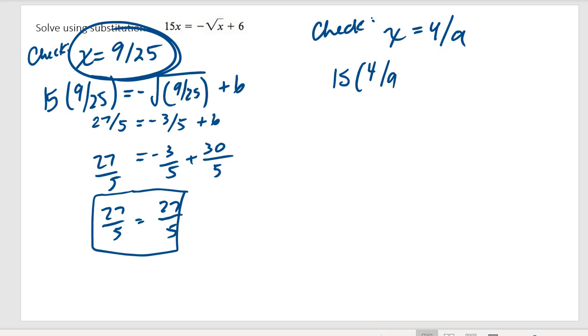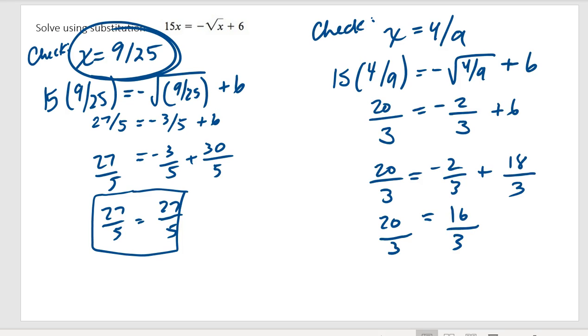I replace x with 4/9. But I realize that I end up with a false statement. 20/3 is not equal to 16/3. This means that 4/9 is not a solution. So I only have one solution, 9/25. So I go ahead and strike 4/9 and I only circle 9/25.